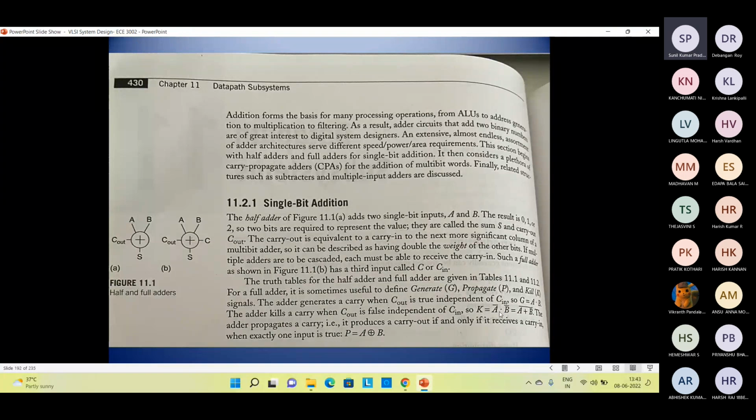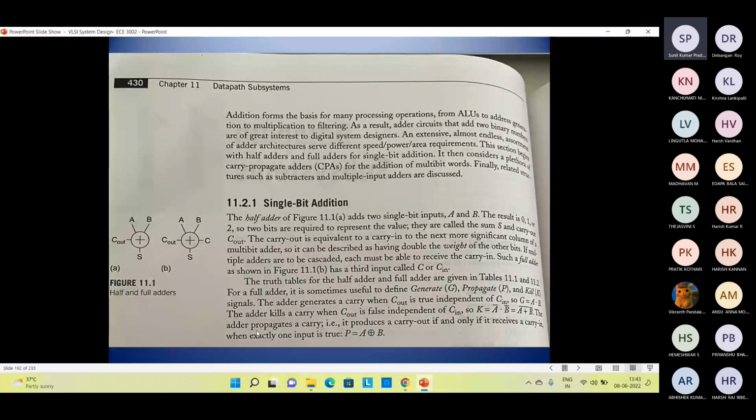If A is one input and B is another input, the operation will be A complement dot B complement. So K is equal to A complement dot B complement, which is nothing but (A plus B) bar. This is nothing but our De Morgan's law, which we have just studied in our previous classes.